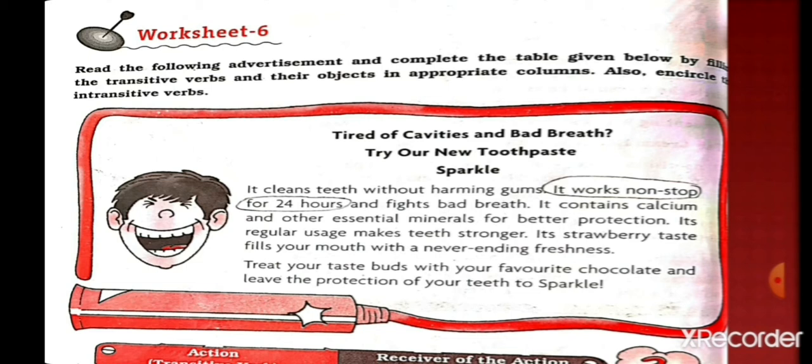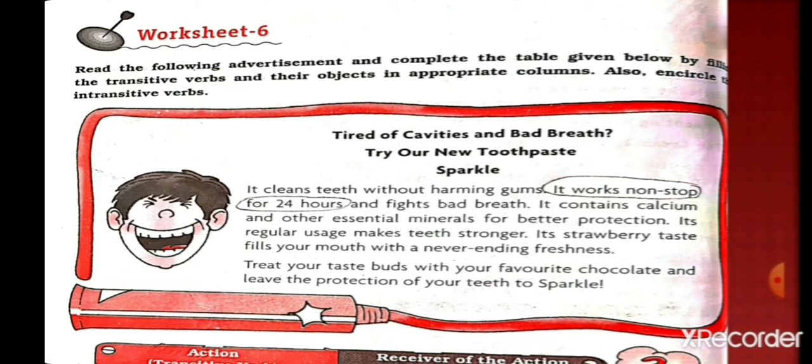Yes students, verbs which carry the action of a subject to an object are called transitive verbs. And always remember that transitive verbs always answer the question what or whom if the object is a living being.